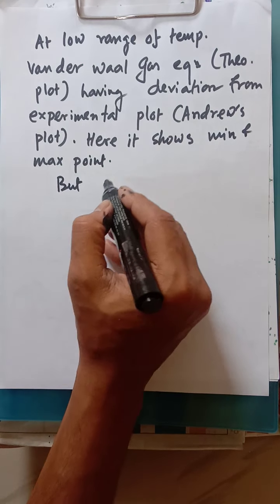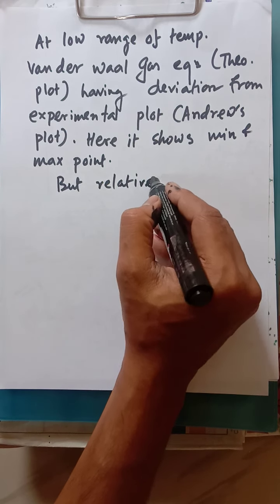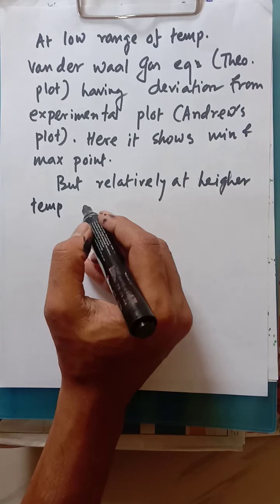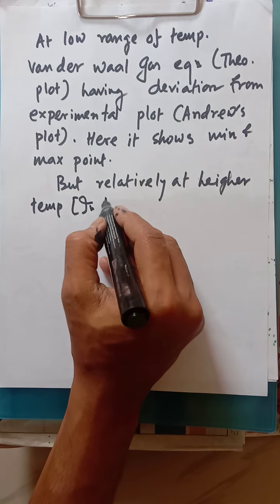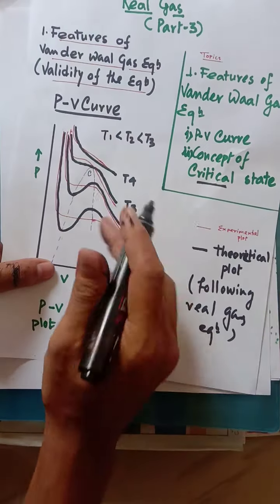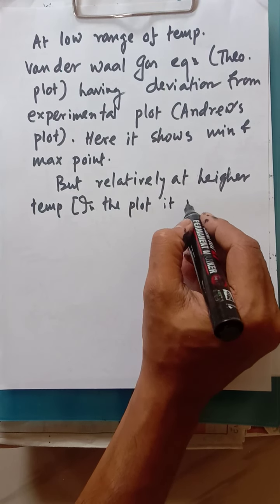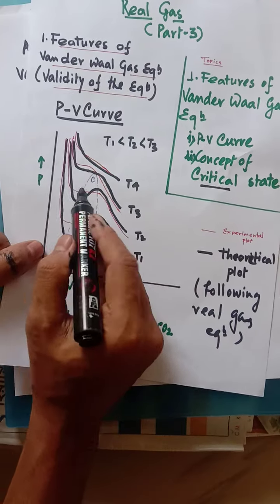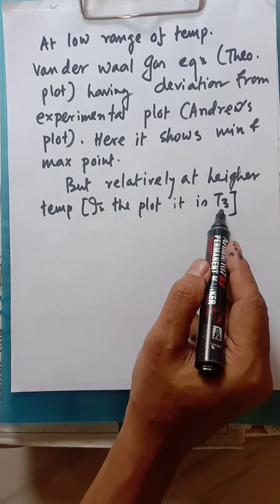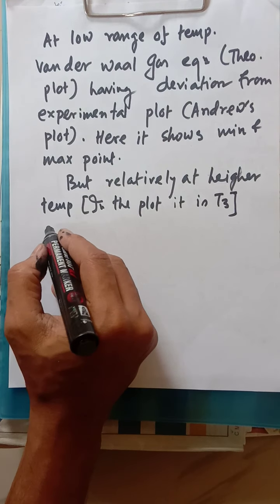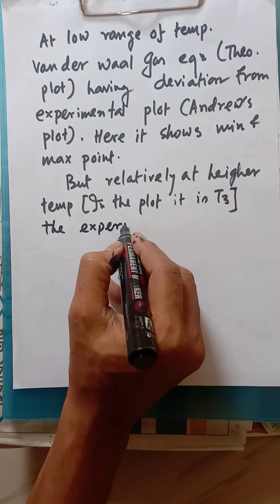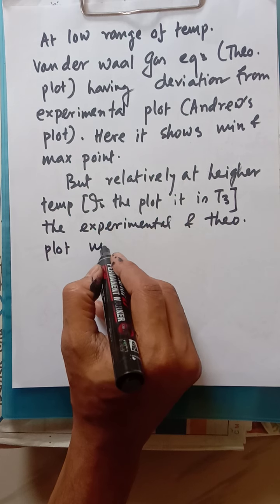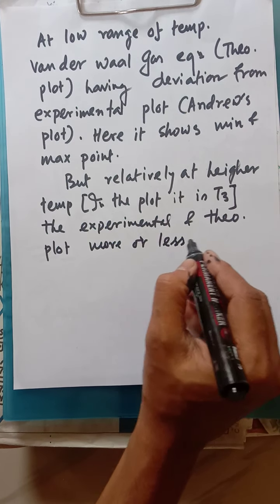But relatively at higher temperature, in the plot it is T3, that means a higher range, the maximum has vanished. So at point T3, at relatively higher temperature, the experimental and theoretical plots are more or less identical.